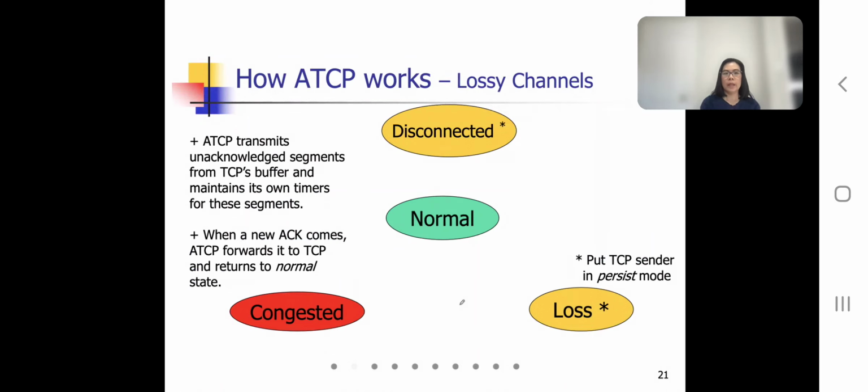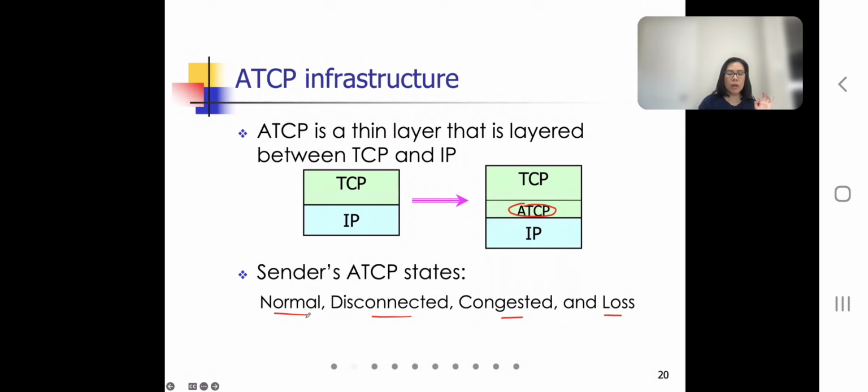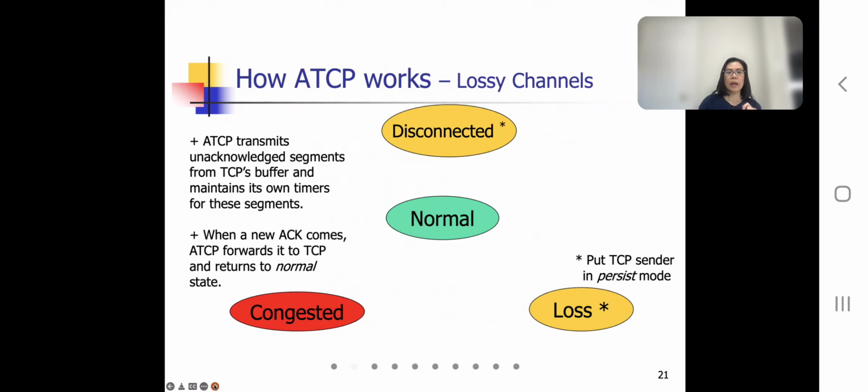Now what we're doing is we see how from the normal state we go to disconnected, or from normal to congested and to lost, and then how to go back to normal. First, in the normal state, if there are packet losses, that means TCP and ADCP will time out.